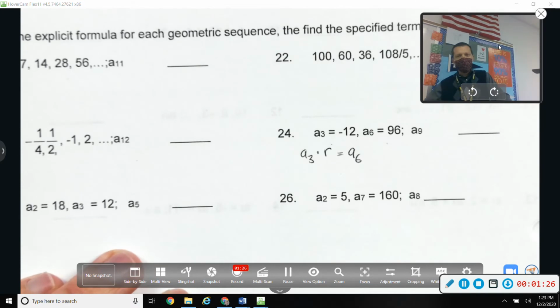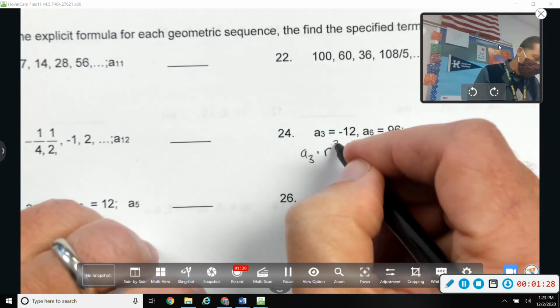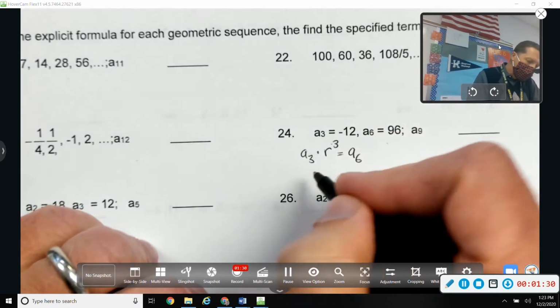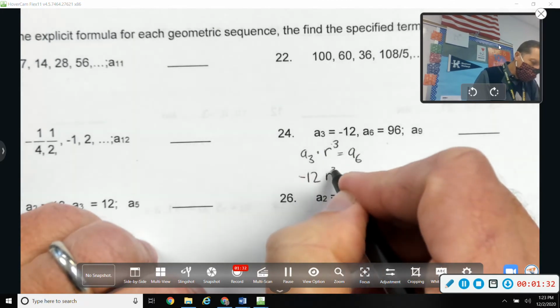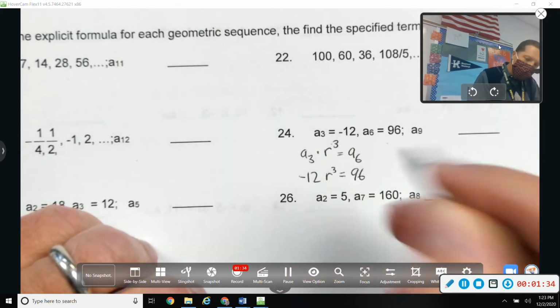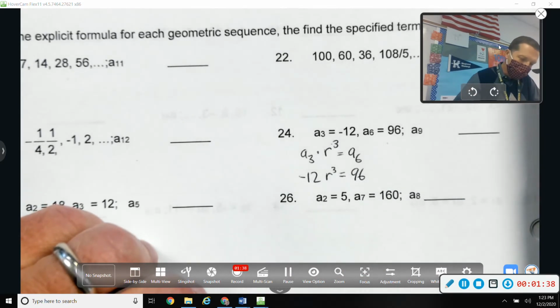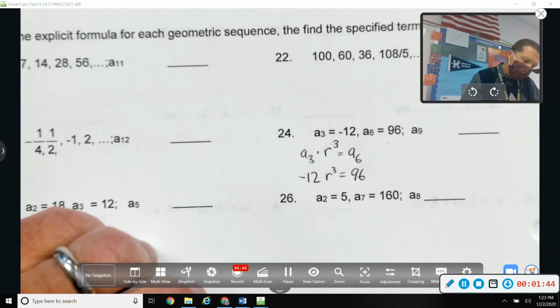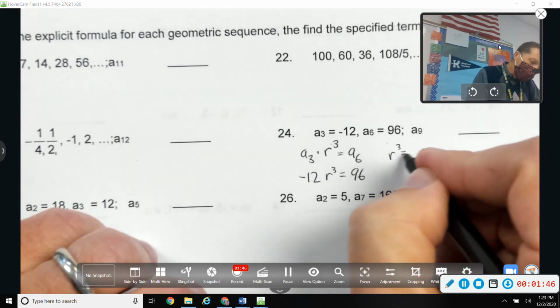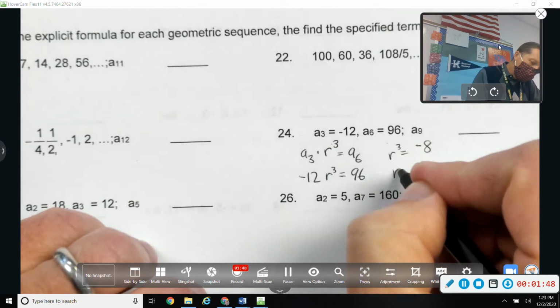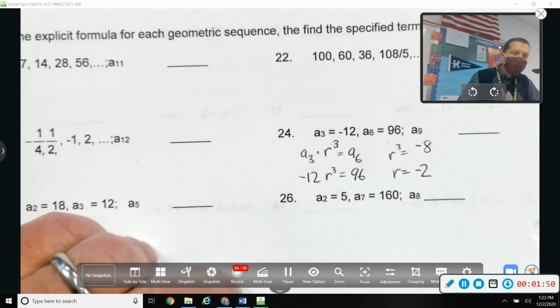The third term to the sixth term. That's 3 steps away. So negative 12 r cubed equals 96. Grab a calculator if needed to do 96 divided by 12. So r cubed is negative 8, which means r is negative 2.